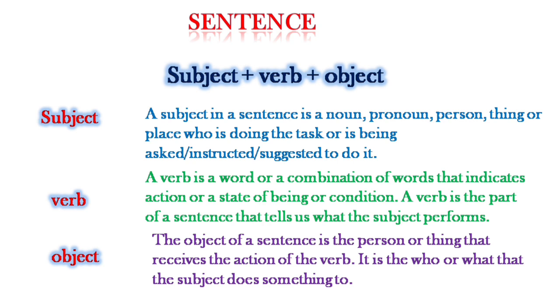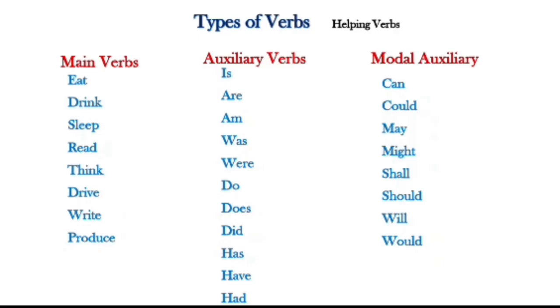Now let us see the types of verbs: main verbs, auxiliary verbs and modal auxiliaries. Main verbs you know very well, like eat, drink, sleep, read, think, drive, write, produce. Then auxiliary means helping verbs: is, are, am, was, were, do, does, did, has, have, had.